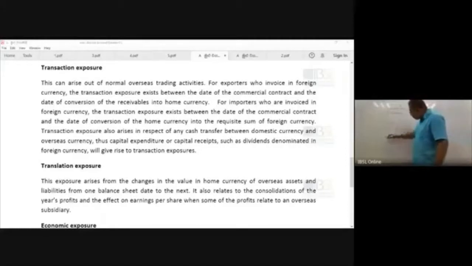So the applicant goes to his banker and requests the bank to establish a letter of credit on his behalf, favoring the beneficiary. So this bank, the applicant's bank, is known as the issuing bank. Issuing bank, because this is the bank that issues or opens the letter of credit.